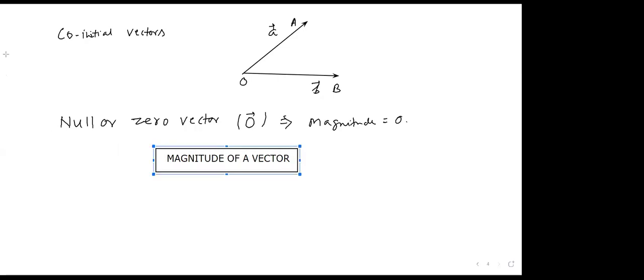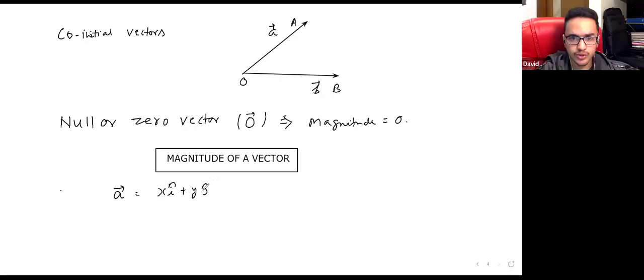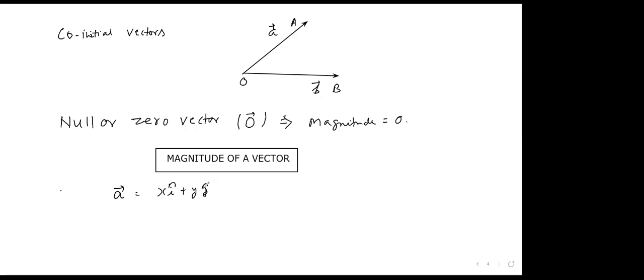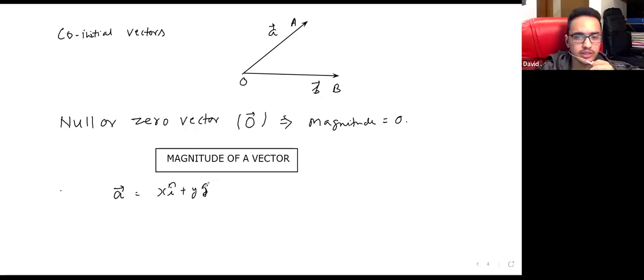Magnitude of a vector. Suppose we have a vector A equals xi cap plus yj cap. What is this cap? It shows that it's a vector.